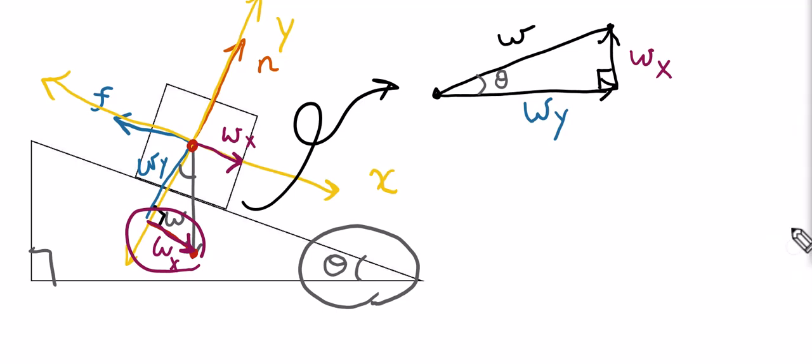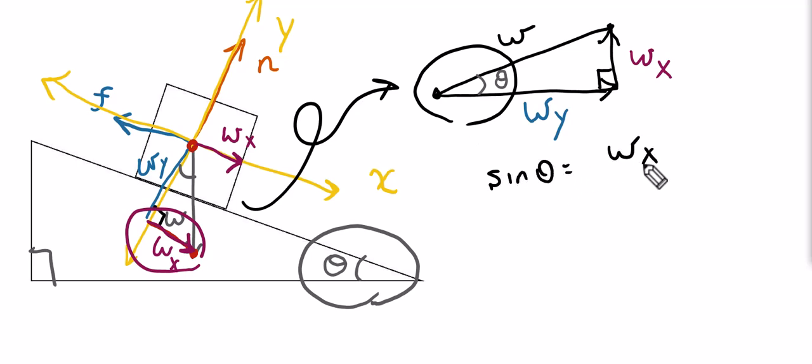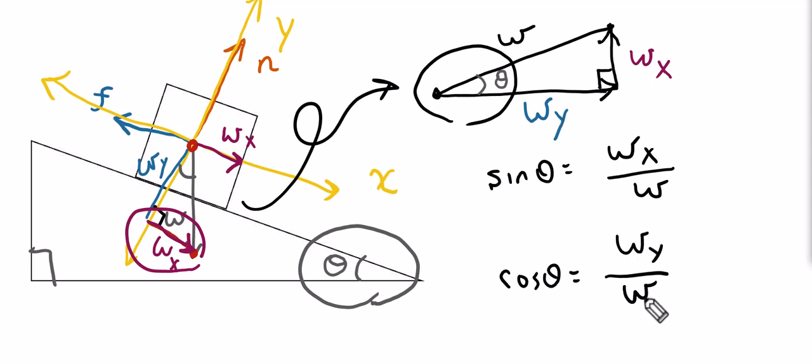We now employ basic trigonometry. If I'm using this angle here, sine of theta is going to be the opposite over the hypotenuse, wx over w. And therefore cosine theta, in a similar fashion, is going to be the adjacent, which is wy, over the hypotenuse. And you might be thinking, Mr. Over, didn't you switch your x's and y's around? Well, remember, where did this triangle come from?